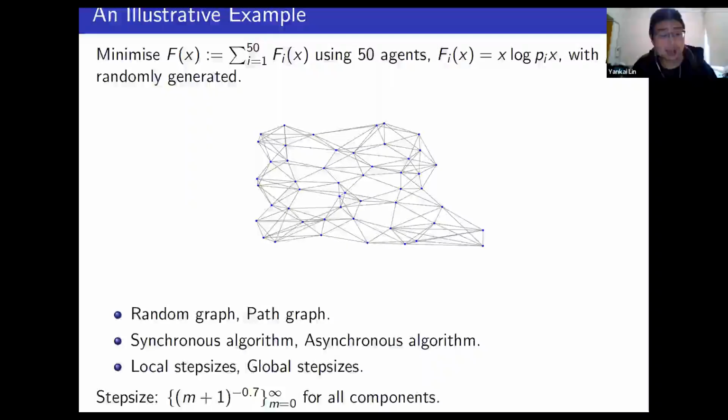Next, we'll compare the performance of the asynchronous algorithm on local step sizes and global step sizes. So what do we mean by local step sizes? Local step sizes means that agents or edges update their components using their local step sizes without any coordination.